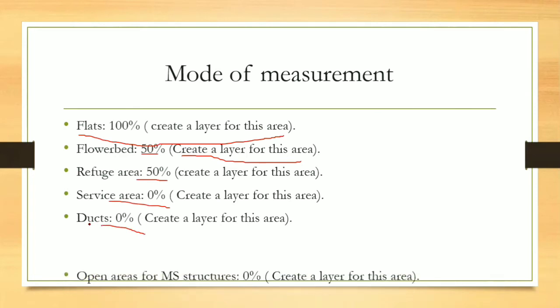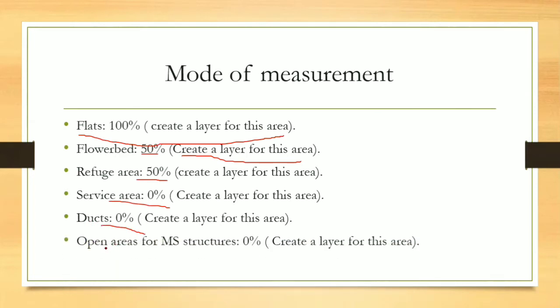Ducts will have 0% of the area consideration, and any other open area where MS structures will come will also have 0%. So I have to distinguish my drawing in terms of flats, flower bed, refuge area, service area, ducts and open areas for MS structure. So we will have 1, 2, 3, 4, 5, 6. We will have 6 layers in our drawing. So let us see how to calculate now built-up area in our AutoCAD.